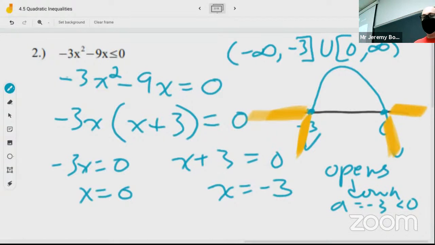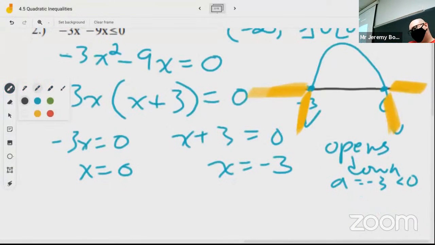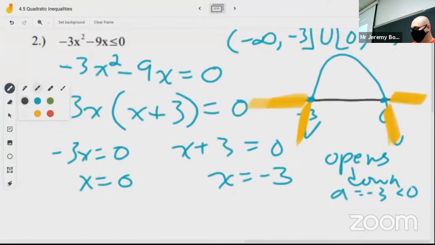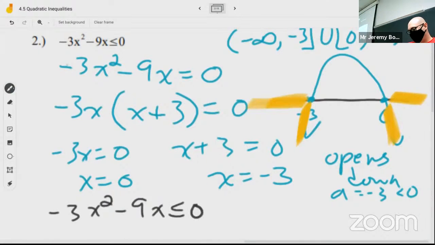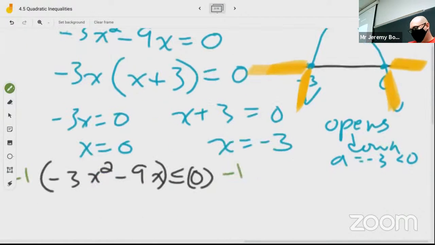Nope. Interesting thing about these problems, and I usually show it, but it's not something I'm going to make a big emphasis about. If you don't like dealing with the negative a term, this is still an inequality, and we can still treat it as such. We can multiply both sides of this by a negative 1, and then it's going to make it 3x squared plus 9x.